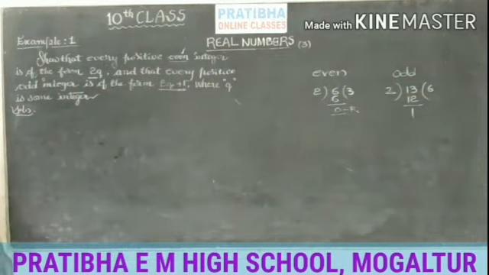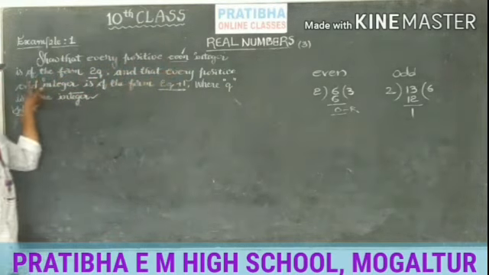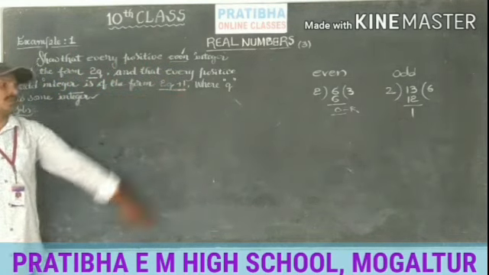Now we can prove this, that every positive even integer is of the form 2q and every positive odd integer is of the form 2q plus 1.